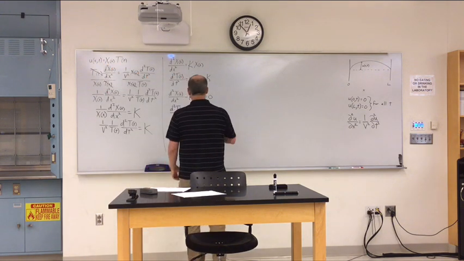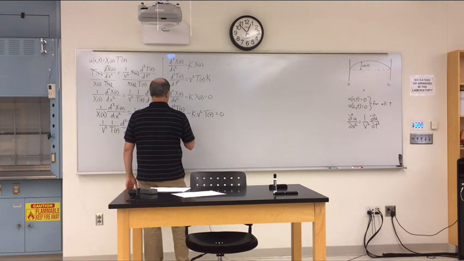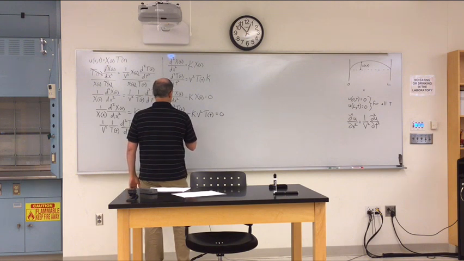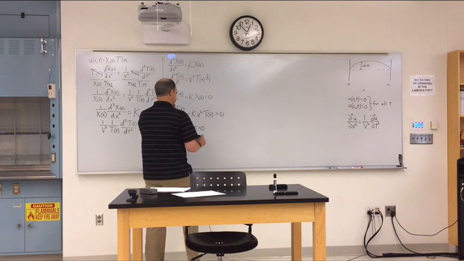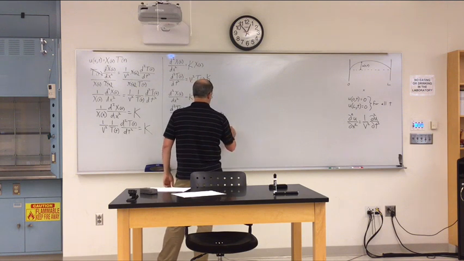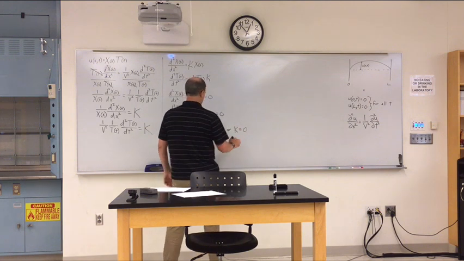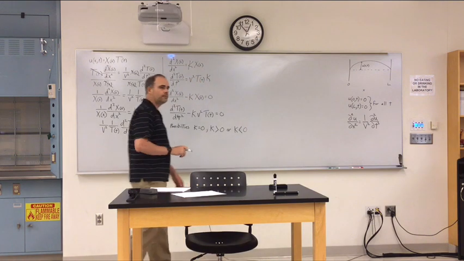So for possibilities, we've got k could equal 0, k could be greater than 0, or k could be less than 0, right?